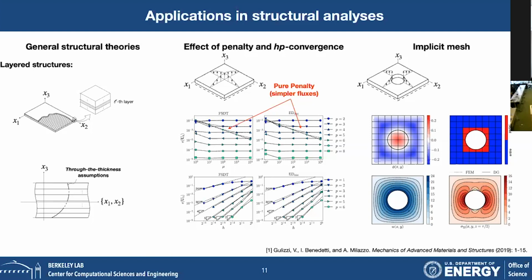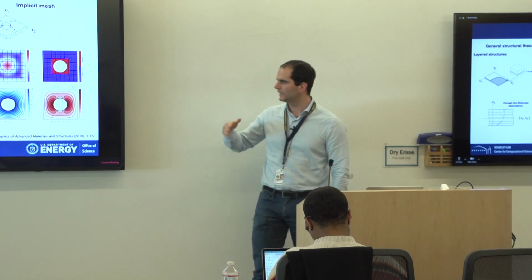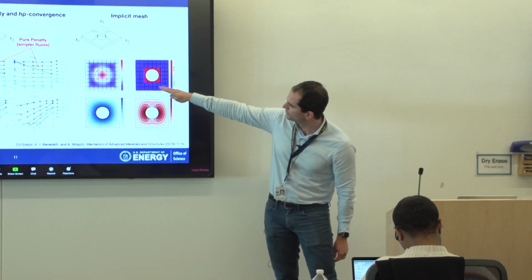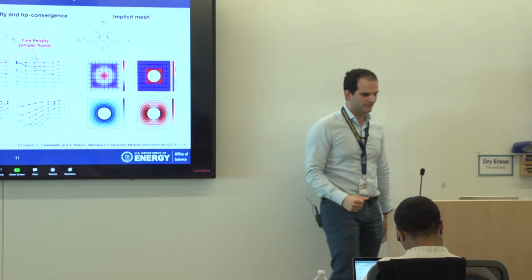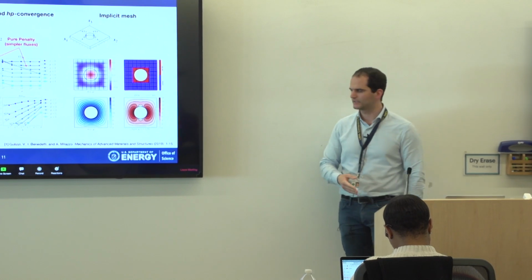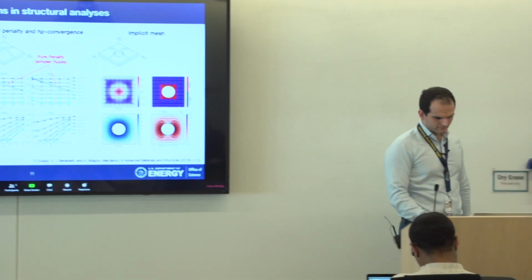Whereas if you use the correct numerical fluxes, you obtain a solution that is almost independent of the degree, the order of the solution. What I'm saying is valid for orders from 2 to the 8th order. And with the correct choice of the numerical fluxes, you obtain optimal accuracy.